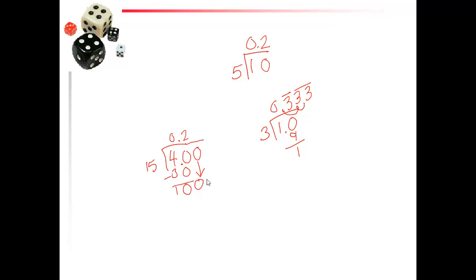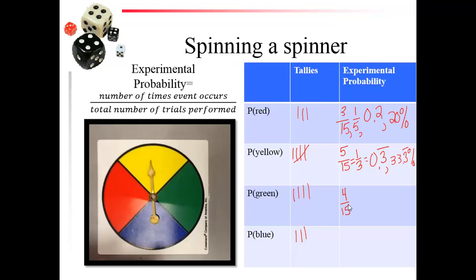Okay, 15 goes into 100, well that's 6 times. That's 90, subtract. End up with 10 again, so this is going to repeat also. So it's going to be 0.26, and the next digit would also be a 6. So when we turn it to our percent, it would be 26.6%. So 0.26 repeating, 26.6%.